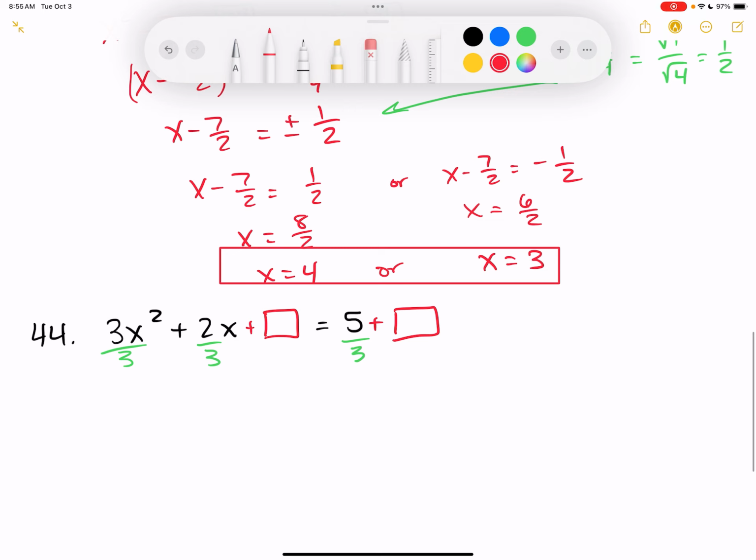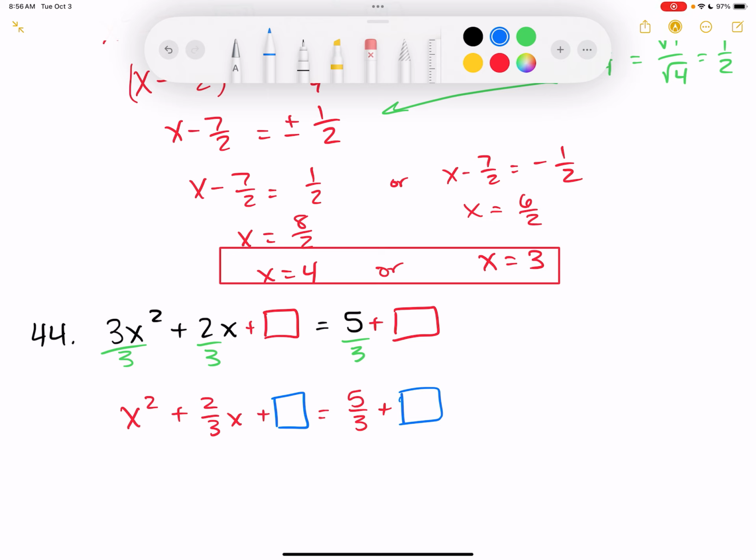So now I have x squared plus 2/3 x plus box is equal to 5/3 plus box. Half the middle term would be what? What's half of 2/3? 1/6.